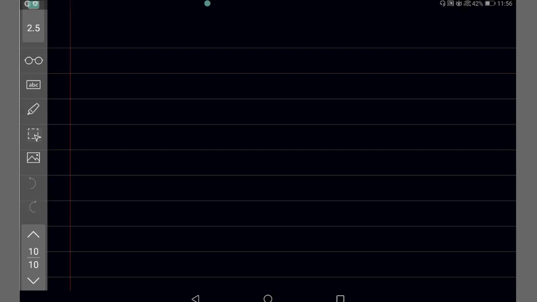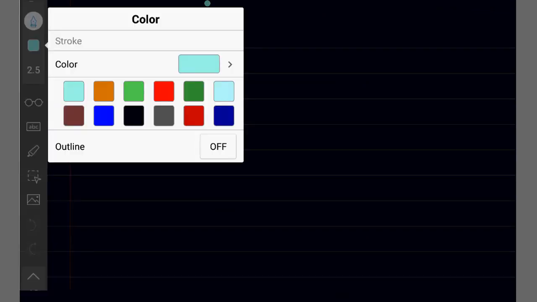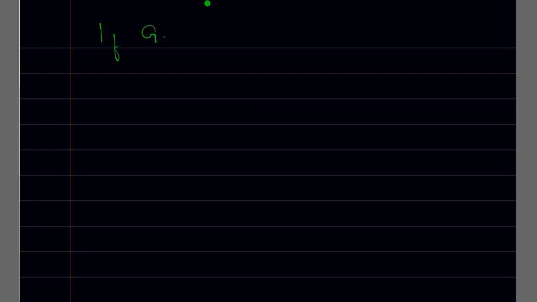Now I want to prove it to you. I want to prove that if group elements form a group under a particular operation, then, for example, let T and S be two group elements.